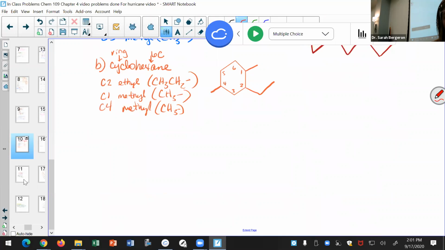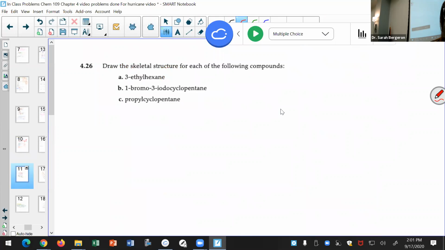Oh, gotta go to the next page. All right, now, draw the skeletal structure for each of the following compounds. Whenever you're doing this, my suggestion is to start with the main chain. So in this, what is your main chain? Hexane. Hexane means that I have 6 carbons.